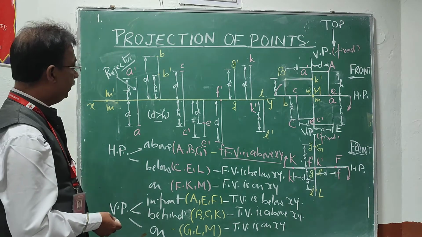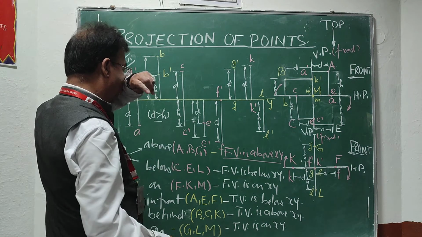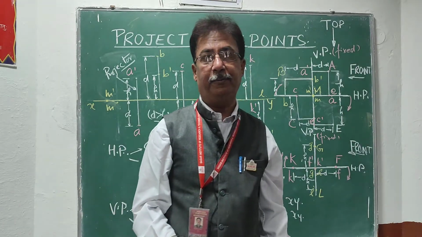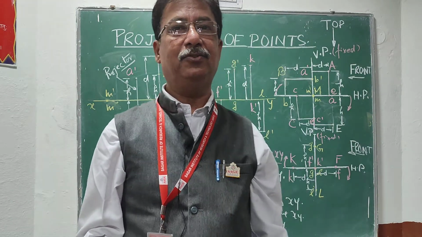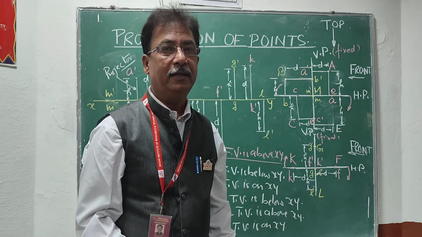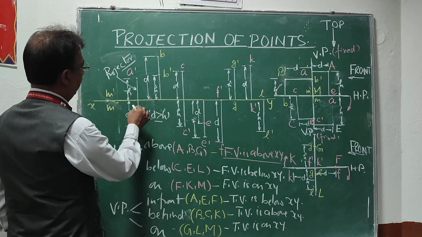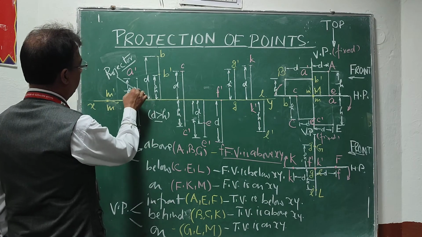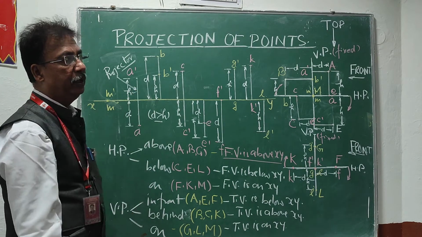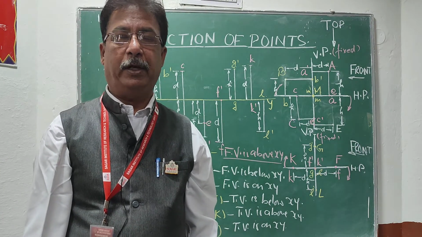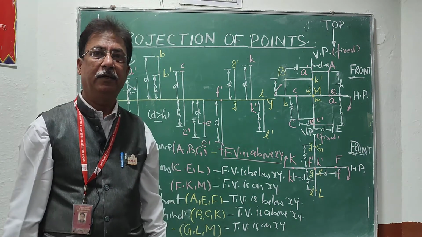One more common thing, as you see in all these figures, the distance of the point from the HP I have taken as H, and the distance from the VP as small d. And in the final projections, the distance from the HP will be seen in the front view, and the distance of the point from the VP will be seen in the top view.